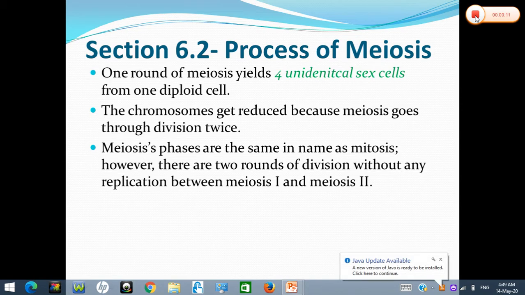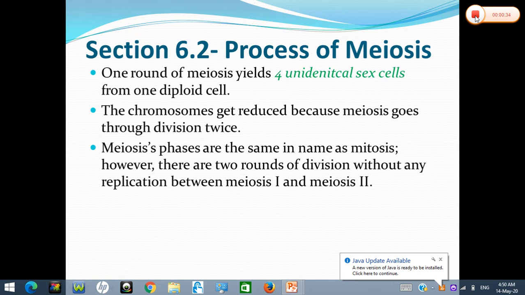In the previous session, we talked about section 6.1, chromosomes, and we talked about the types of the cell.